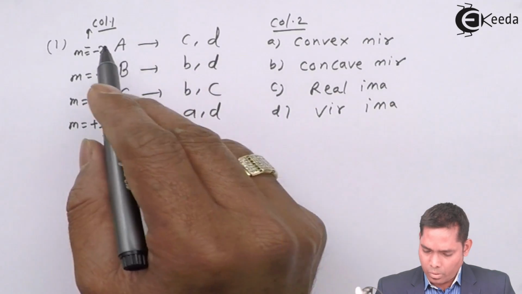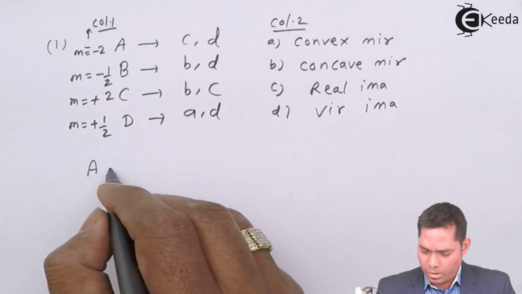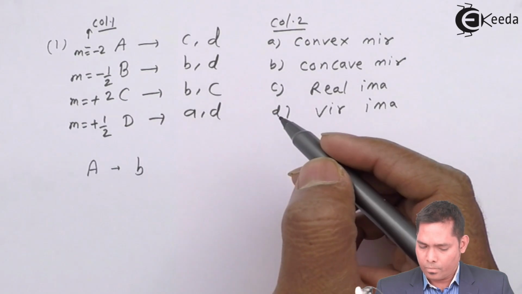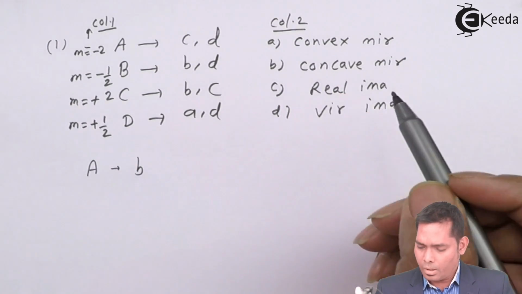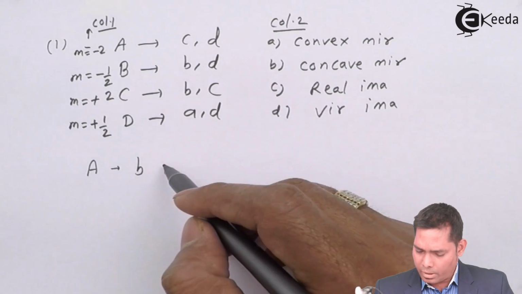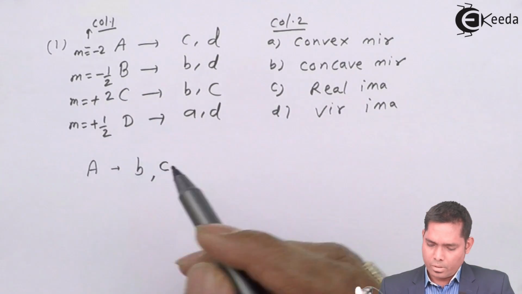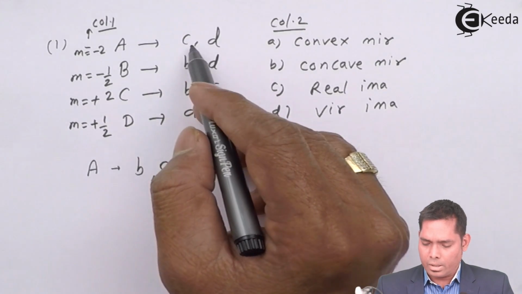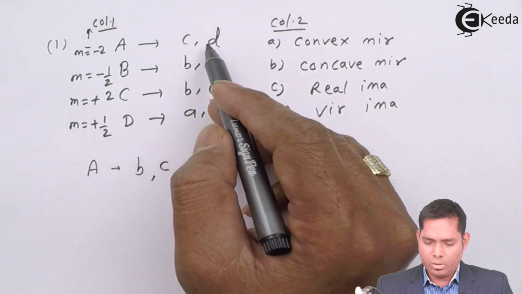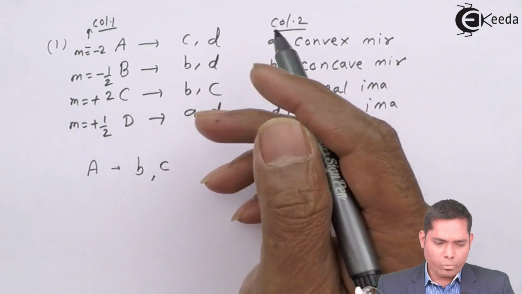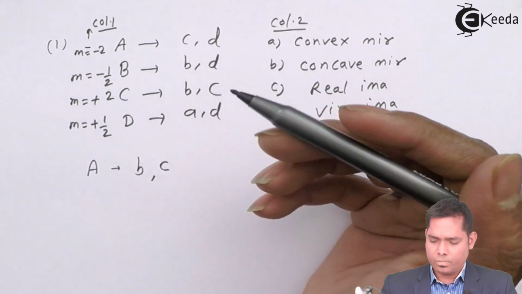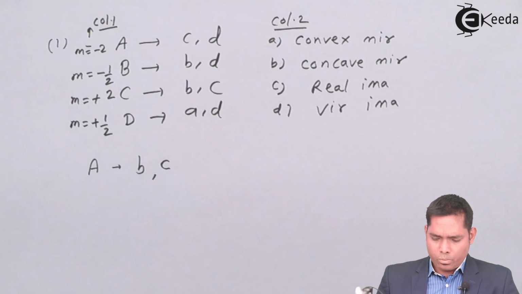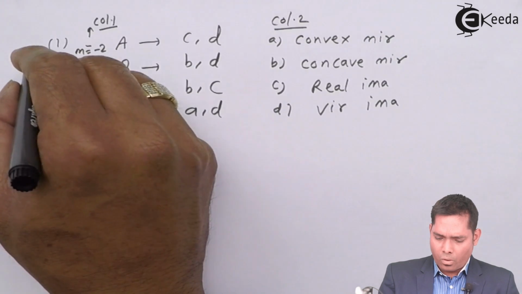And a real image is found, so that is BC. So A should be BC, but here A is CD. So this is not right. We'll not check the other options, so this option is wrong.